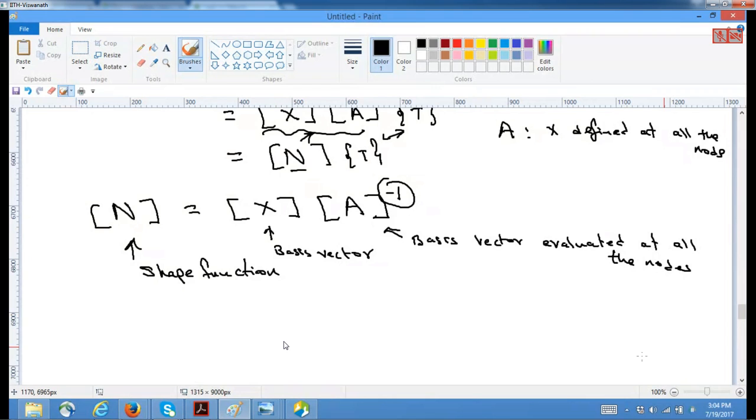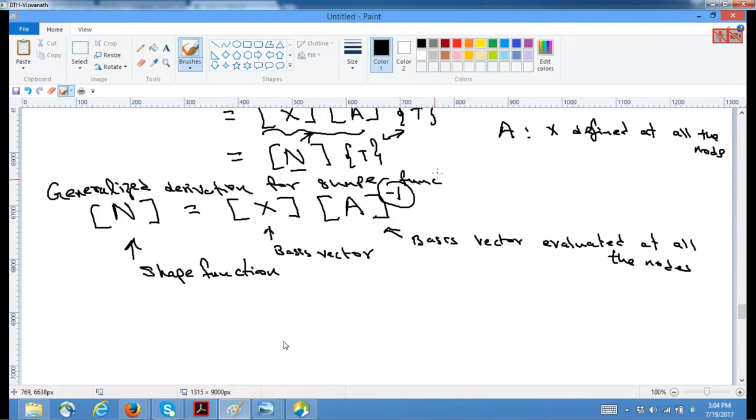So this is the simplest manner, and this is true for any element. This is a generalized derivation for shape functions. This is true for anything, for 1D, 2D, 3D, all of them.